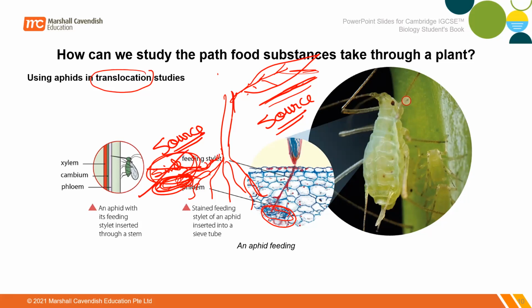We transport all of these materials throughout all parts of the plant, including leaves, and the leaf now will be the sink. So the same structure could sometimes be source and sometimes sink. This is called translocation, or exchanging the role in the plant.